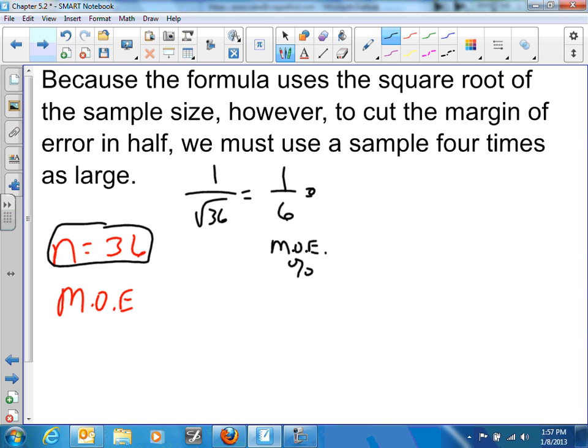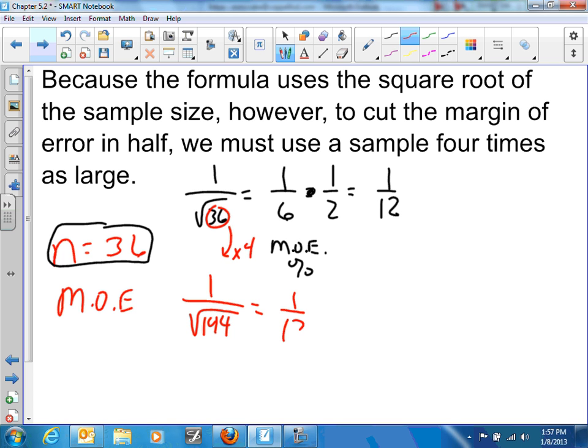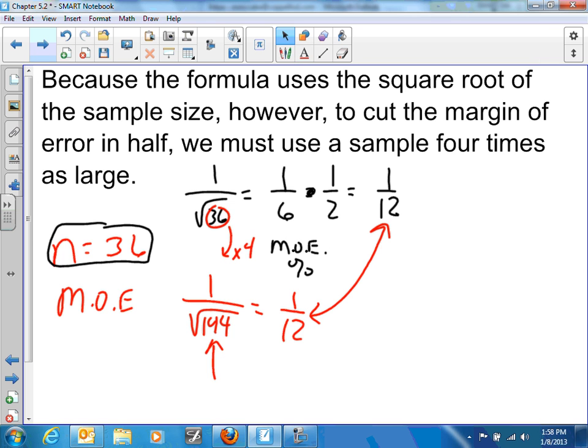But let's say I want to cut it in half, so times 1/2. That would be 1/12. I have to increase my sample size by 4. So 4 times 36 is 144. The square root of 144 is 12, so 1 over 12. Therefore, if I want this to be 1/12, I have to increase my sample size 4 times.